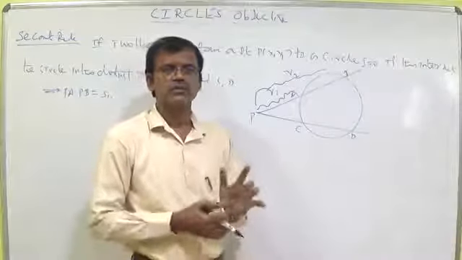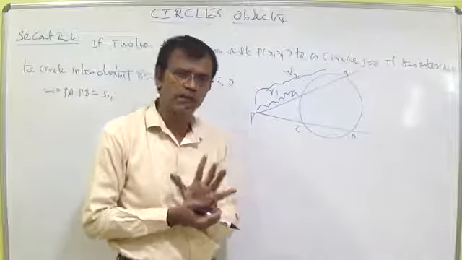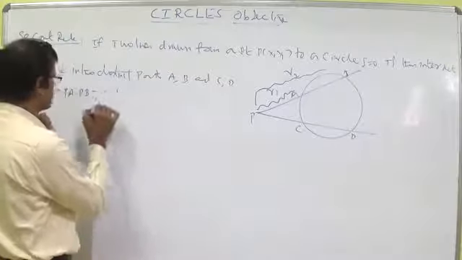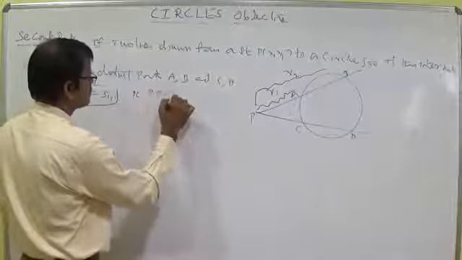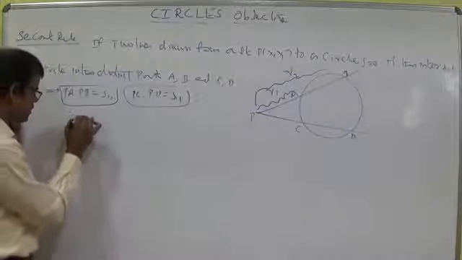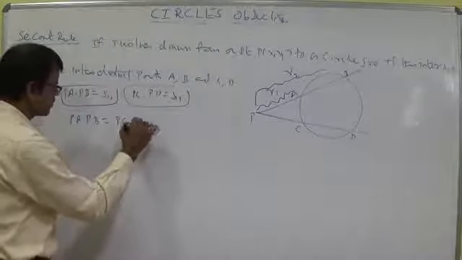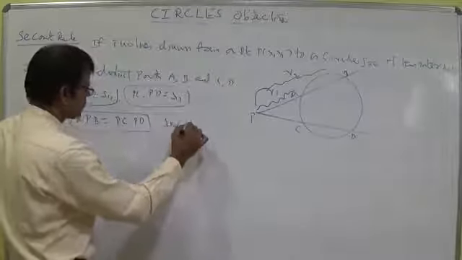By taking the quadratic equation in R, the product of roots R1 R2 equals S11, we got the value. We said the proof also. So PA dot PB is equal to S11 and PC dot PD is also S11. So you can say that PA dot PB is equal to PC dot PD. This is a rule, it is called the secant rule.